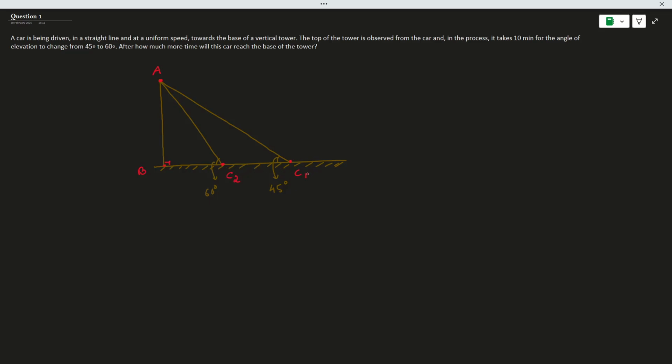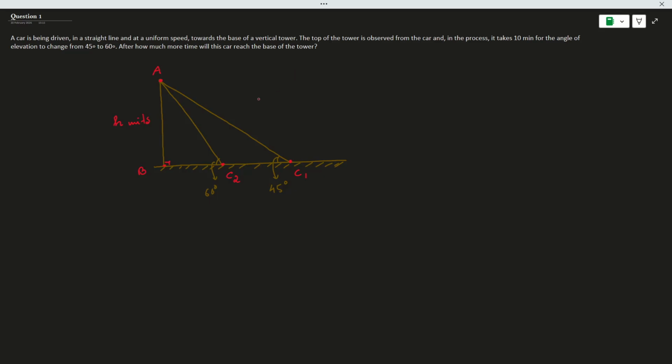So C1 represents the point at which the angle of elevation was 45 degree, and after 10 minutes the car reached point C2 and the angle of elevation changed to 60 degree. Suppose the height of the tower is H units.